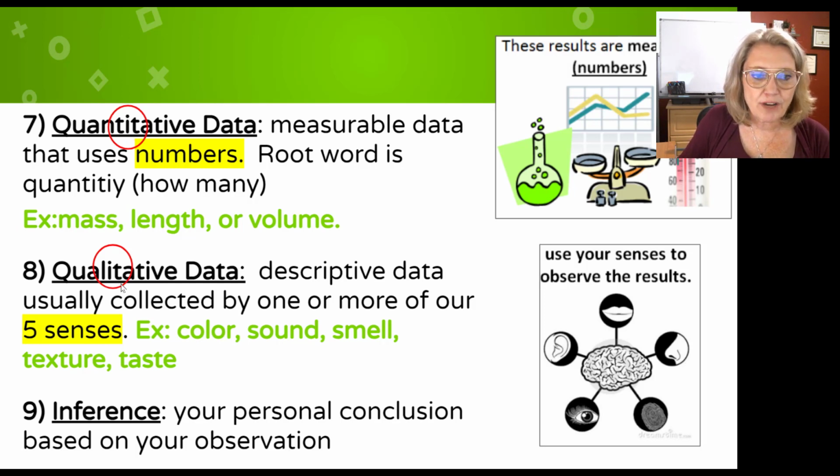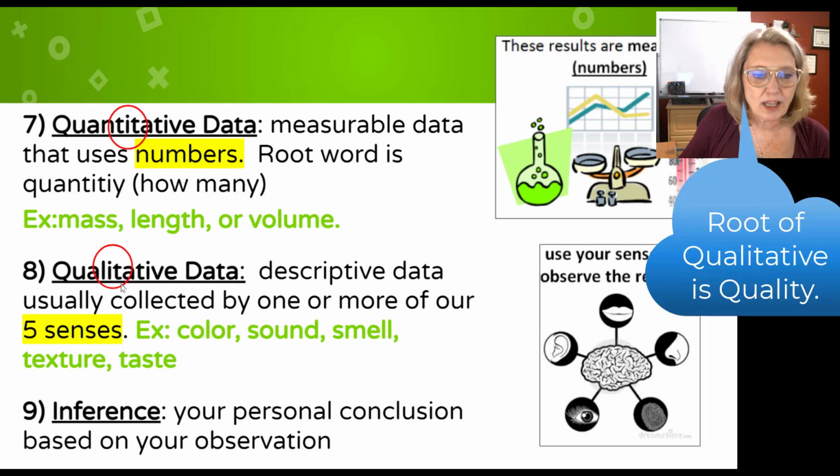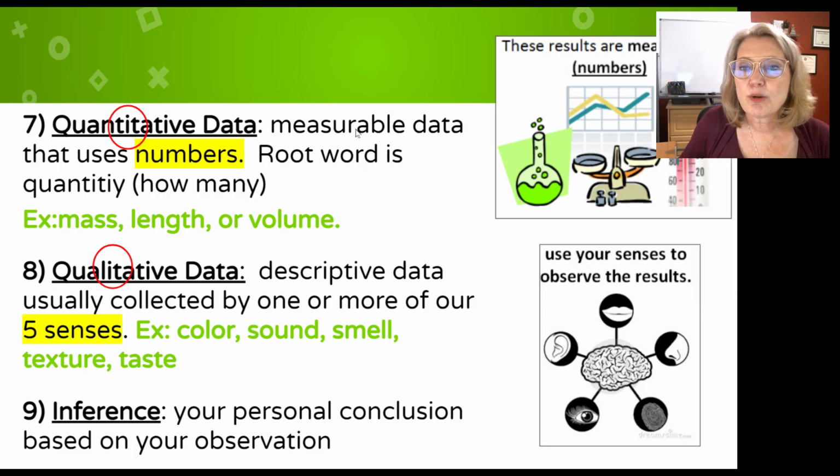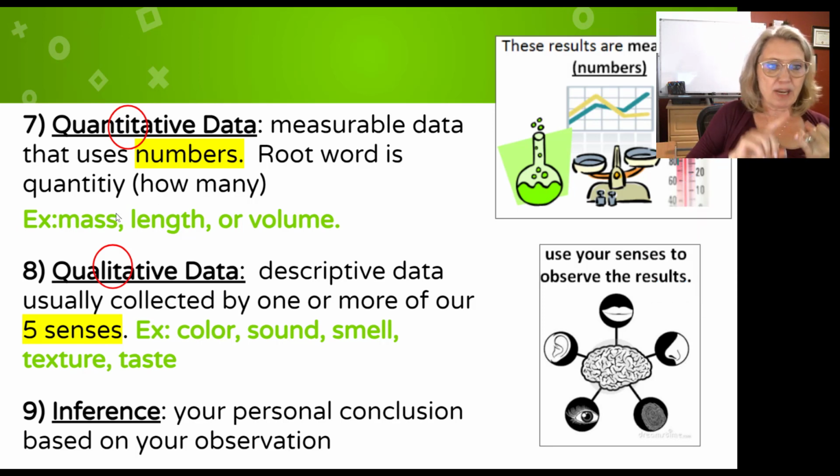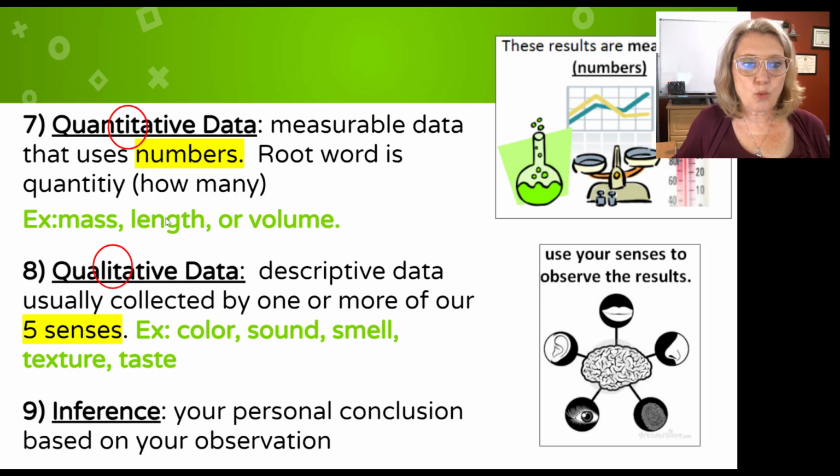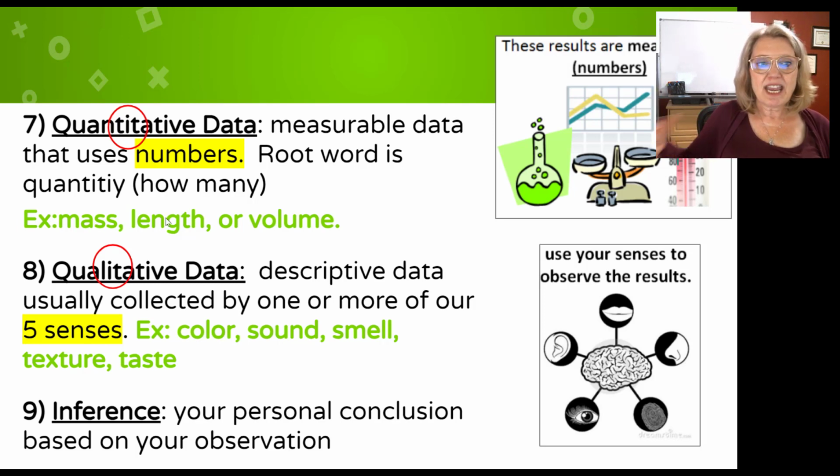The root word of qualitative is quality. Quantitative data is anything that you can measure. That might be its weight or its mass, its length, its volume, its pH level, anything that you can measure, all right?